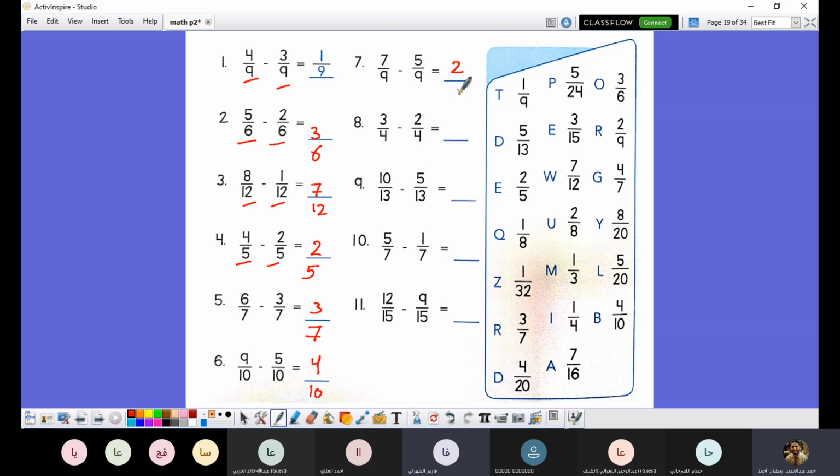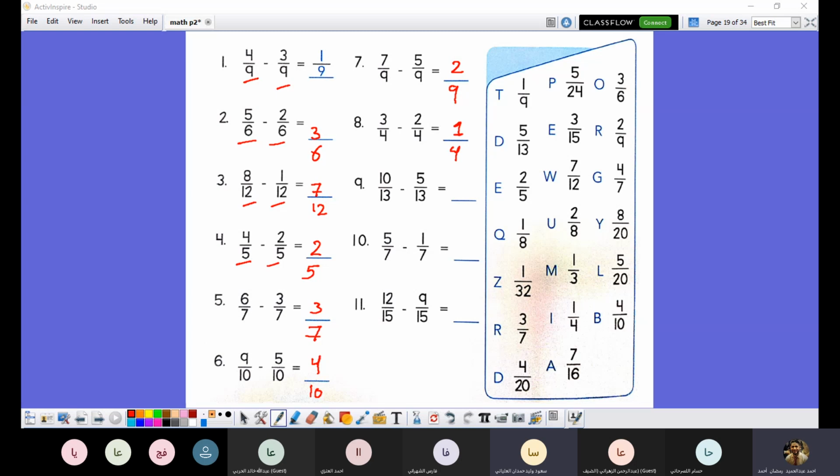Equals 9. The same denominator. That's right. Very good. Okay. 3 minus 2 equals 1. The denominator is the same, equals 4. That's right. Very good.